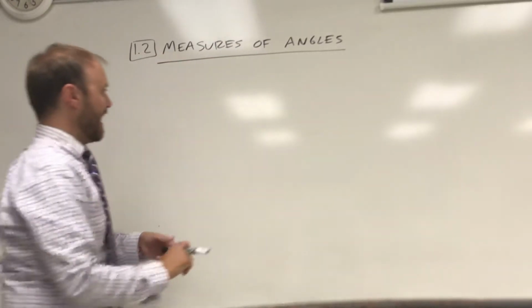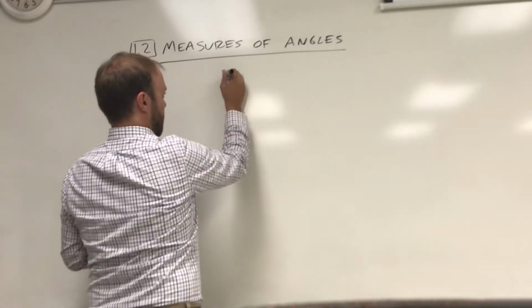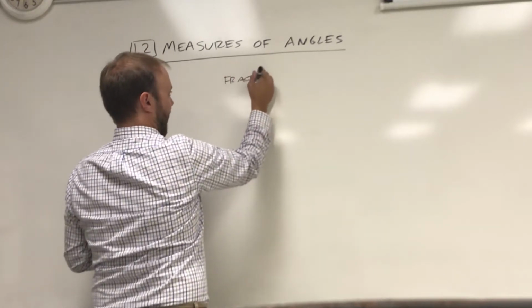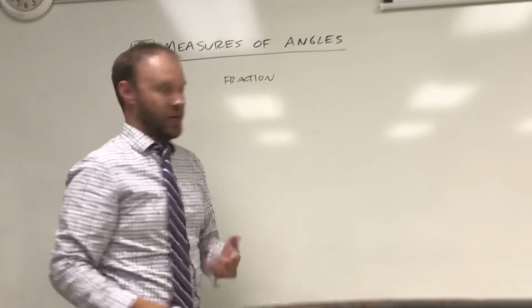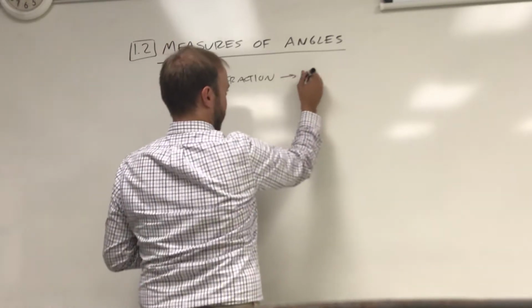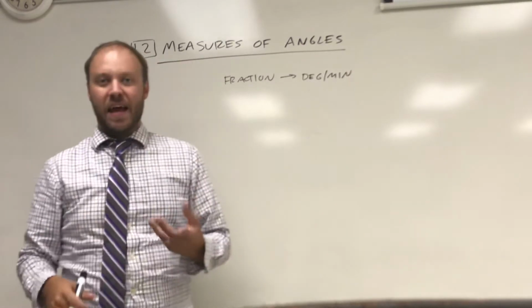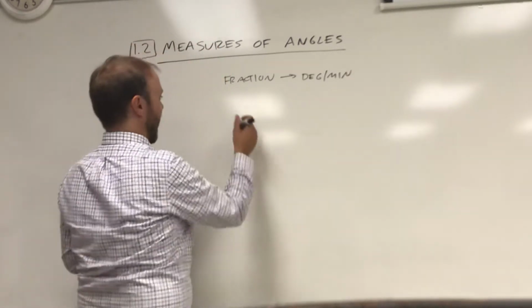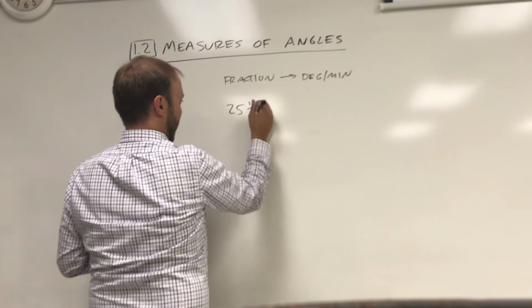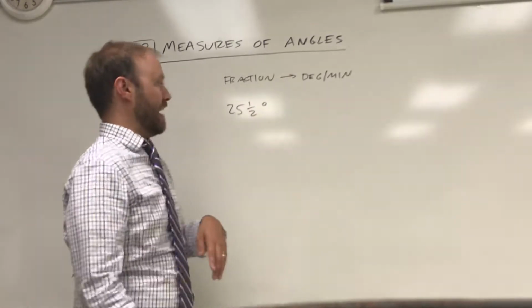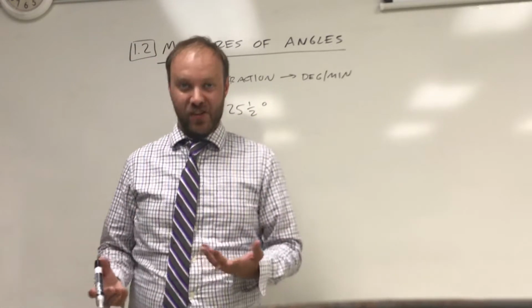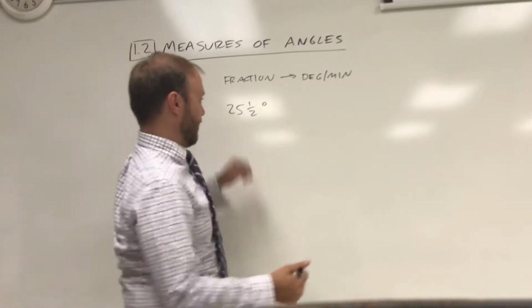So if I had something and I wanted to go from a fraction number of degrees to degrees and minutes, or degrees, minutes, and seconds, something like that, how would that work? Well, let's say I had 25 and a half degrees, okay? If I'm trying to go to degrees and minutes, the whole number value is going to stay degrees, okay?